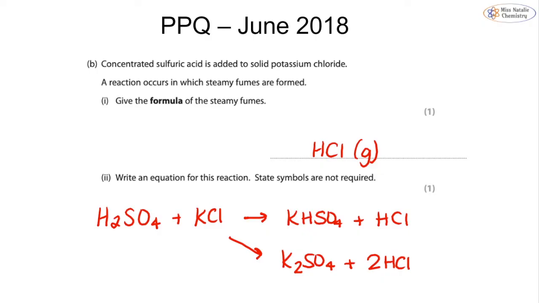And if you do it that way, then you're going to have H2SO4 plus 2 potassium chlorides. Any one of those would be acceptable. So remember, in this case, it's going to be just the HCl that is being formed. We're not getting a redox reaction happening here.